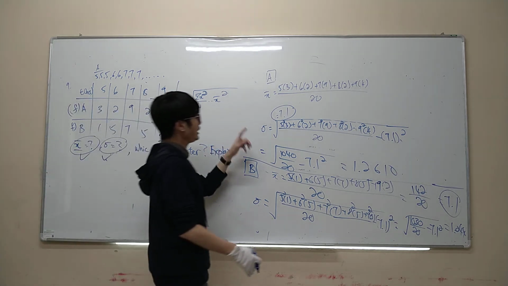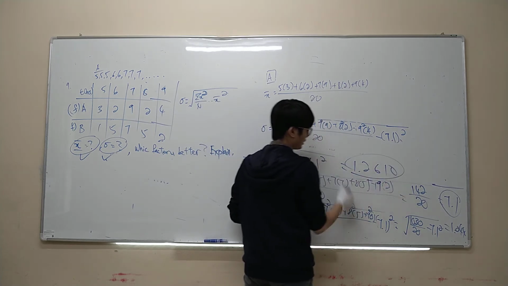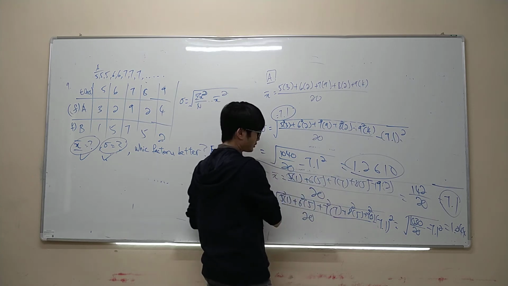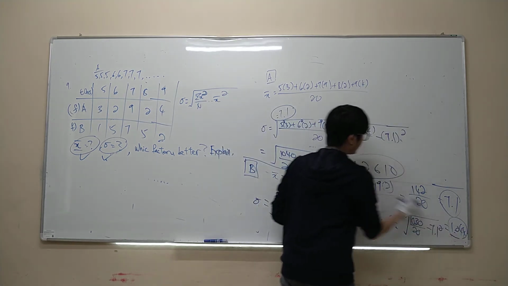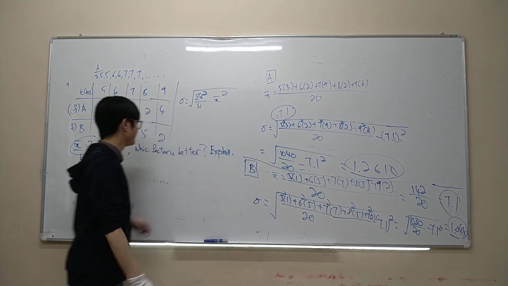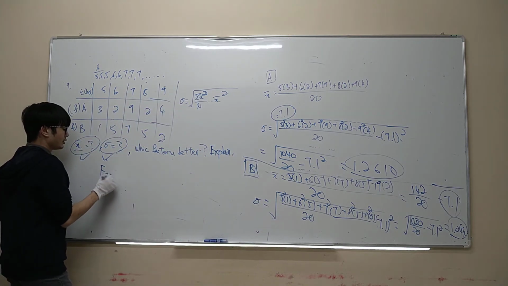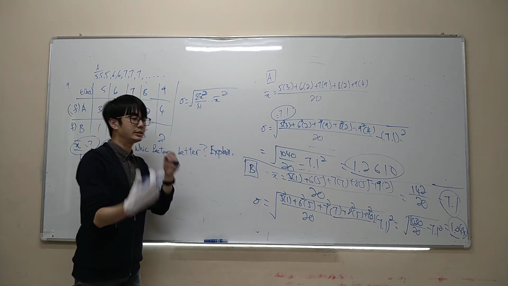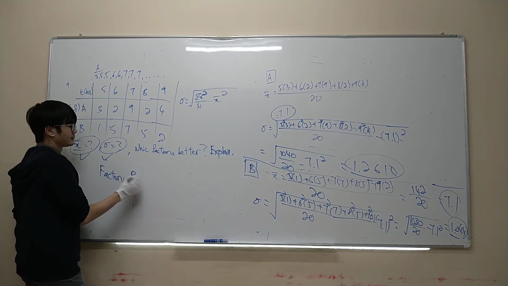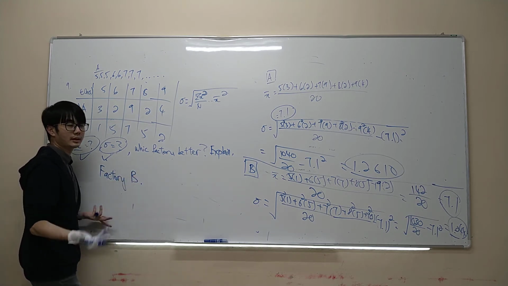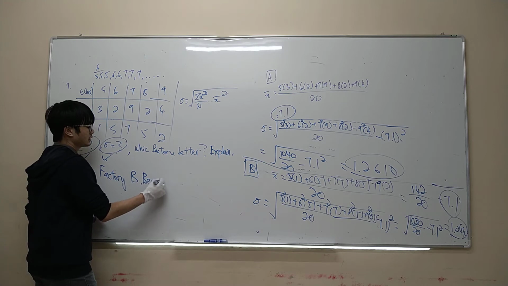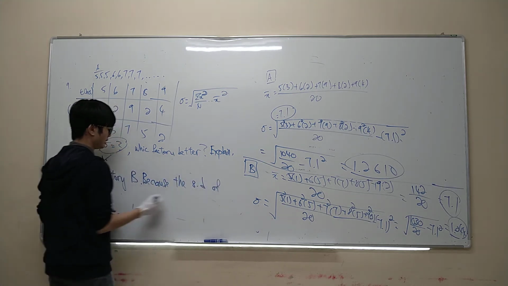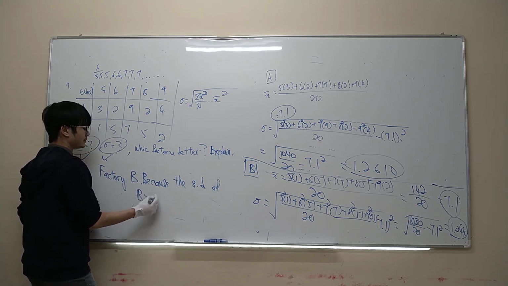But the standard deviation of B is lower, right? This is 1.044 compared to 1.26. So which one is better? If they ask which one is better, you choose the one with the lower standard deviation. So factory B. And why? Explain why: because the standard deviation of B is smaller.